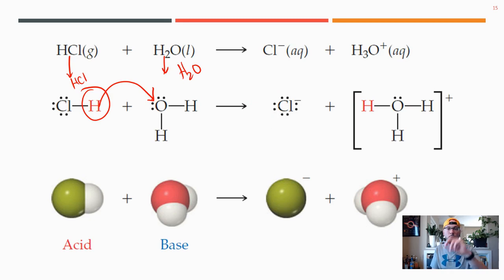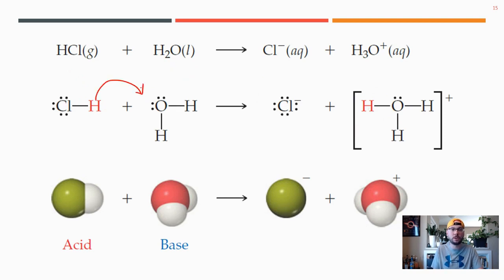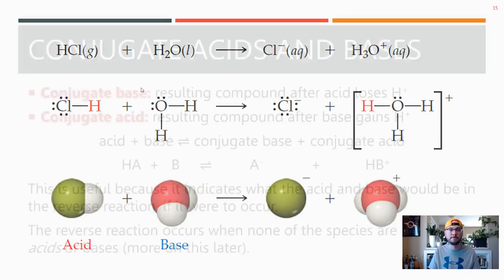When it donates it away, H plus is now gone, so we've just got a chlorine by itself, Cl minus, and then we've got an H3O plus. So it gains a 1 plus charge here and this extra hydrogen. So we have this acid and a base. The acid transfers the hydrogen to the base.